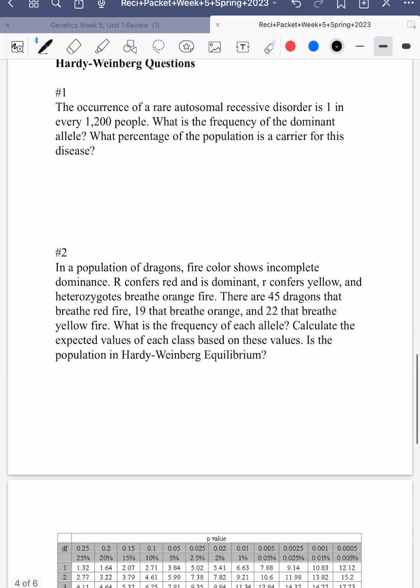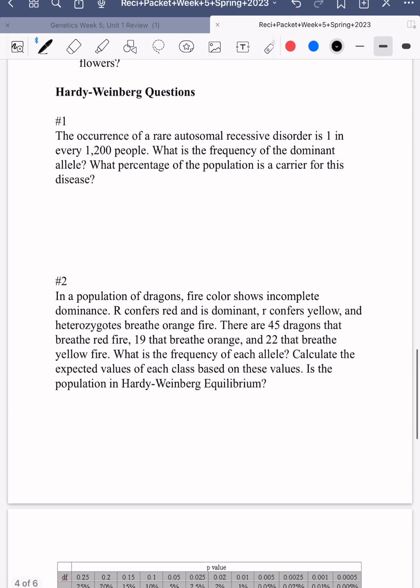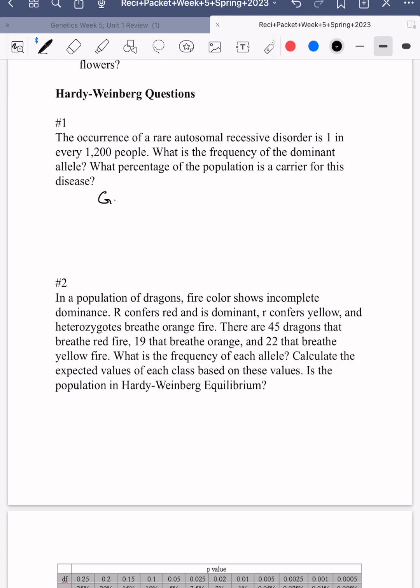For the genotype equation, that would be p squared plus 2pq plus q squared equals 1. These equations are all in frequencies, meaning that they have to be decimals. They are percentages.